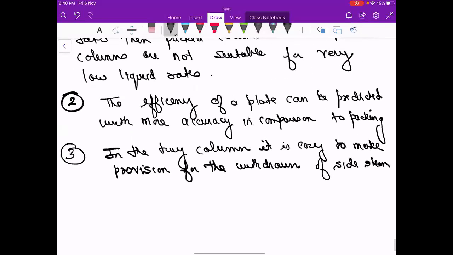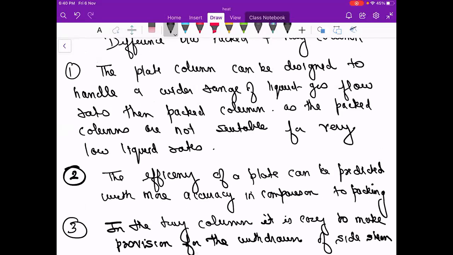I will explain these three points. The plate column can be designed to handle a wider range of liquid and gas flow rates than the packed column, as packed columns are not suitable for very low liquid rates. For very low liquid rates, the liquid will not have sufficient energy, or pressure, to pass through your packing, so that is why we go for the plate column.